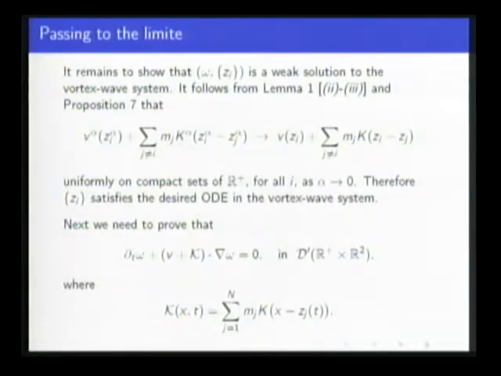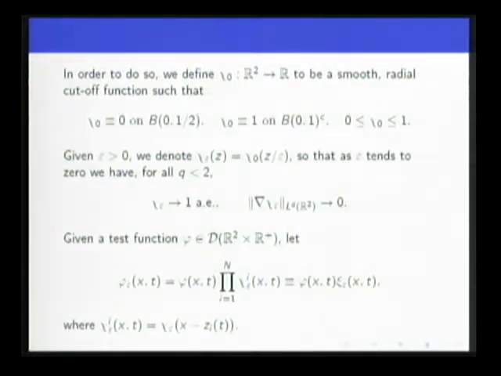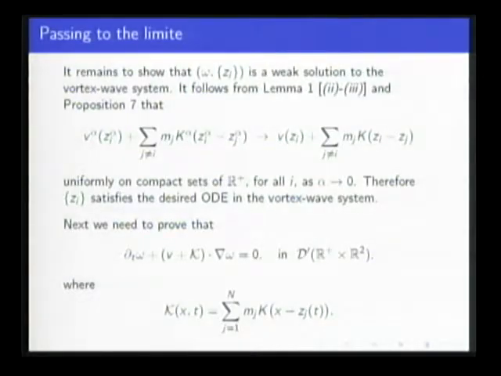Now we just need to show that our background vorticity satisfies this equation in the sense of distributions. Here, just reminding that curly K is the sum of the velocities associated with the point vortices. In order to show that, we'll follow very closely the argument in Lopes and Mio's result.